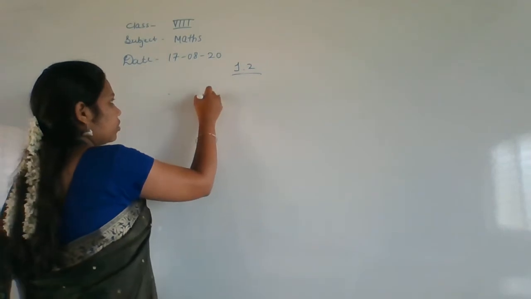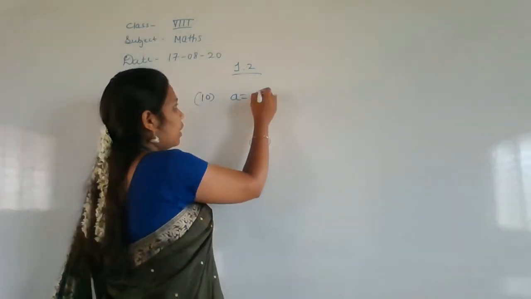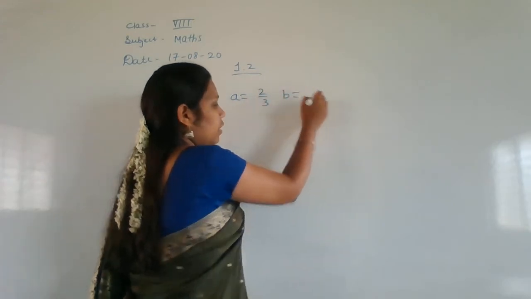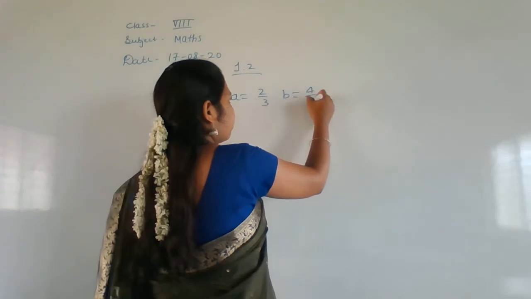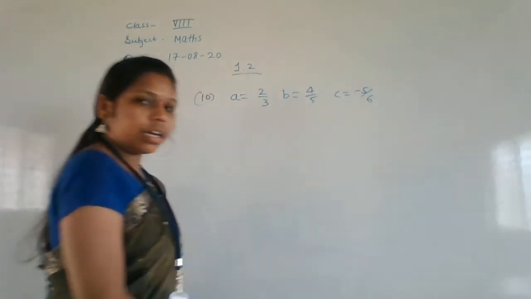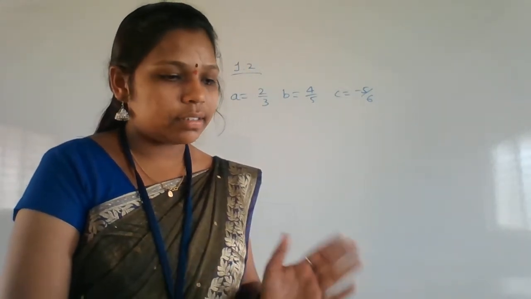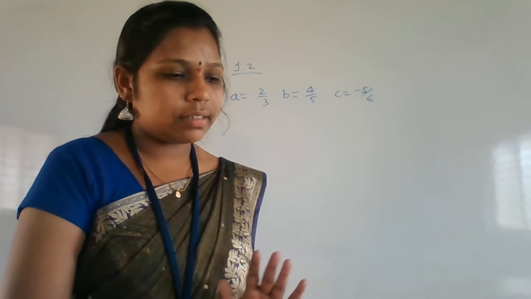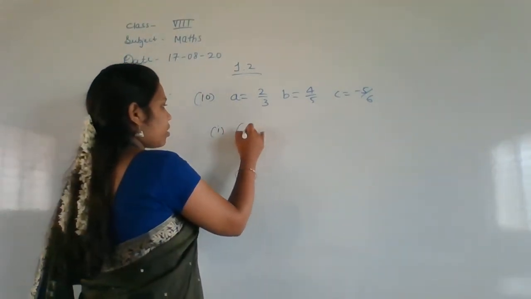Tenth question: A is equal to 2 by 3, B is equal to 4 by 5, C equal to minus 5 by 6. They have given these, and you have to verify first.